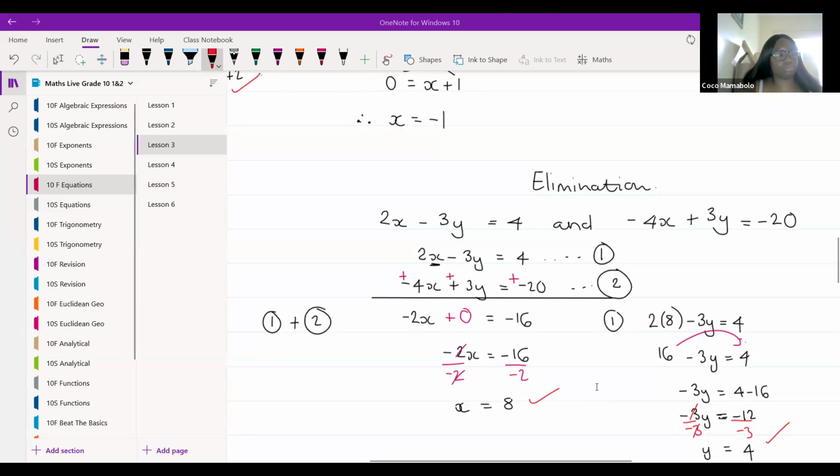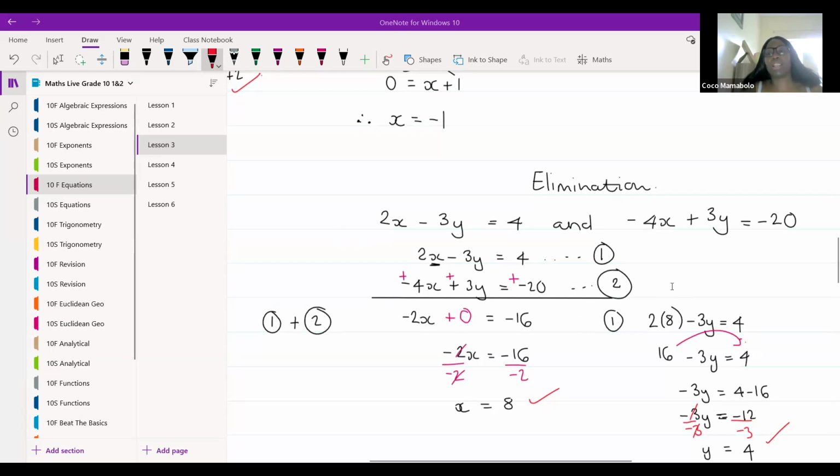So you take the one equation, and let's say we're taking 2x minus 3y equals 4, and then I take out the x or the y, and then I move the 2 to the other side, and then I substitute like that. Oh, so you use substitution, right? Yes, ma'am.